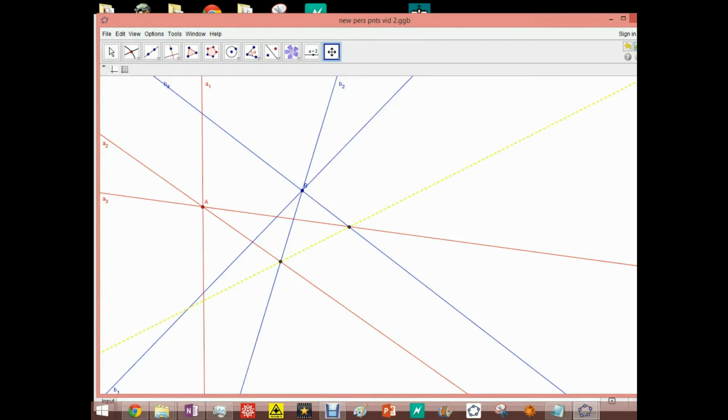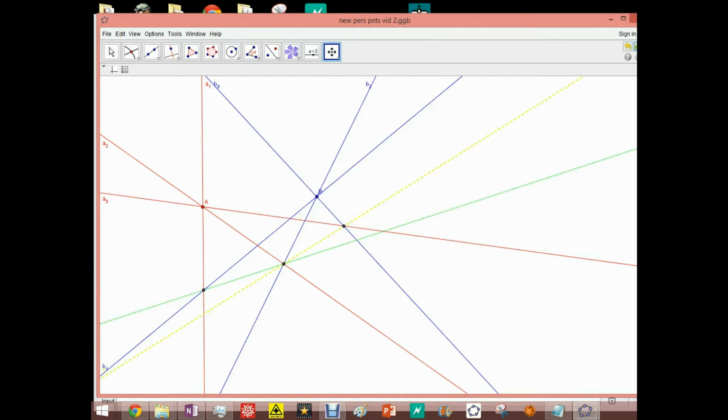It goes through A2, B2 and A3, B3. We shall call that one V. And our second line that we're going to use, we shall call W. That goes through A2, B2 as well, or also goes through A1, B1.